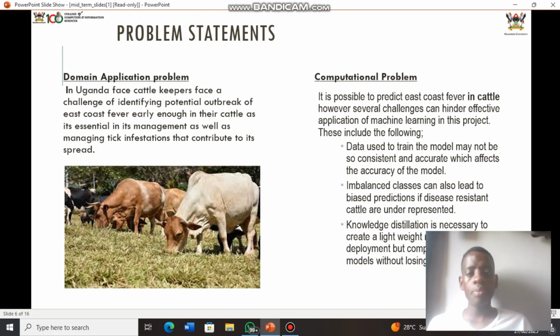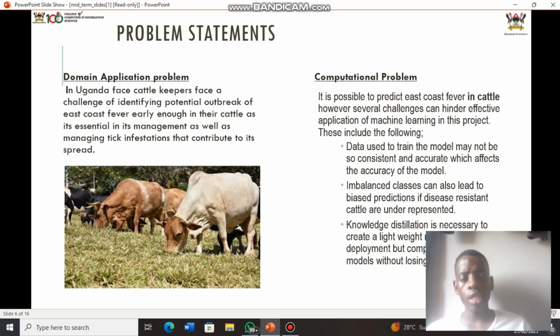The computational problem is that it is possible to predict East Coast fever in cattle, but there are several challenges that hinder the effective application of a machine learning model. In this project, the data used to train the model may not be consistent and accurate, which affects the accuracy of the model.